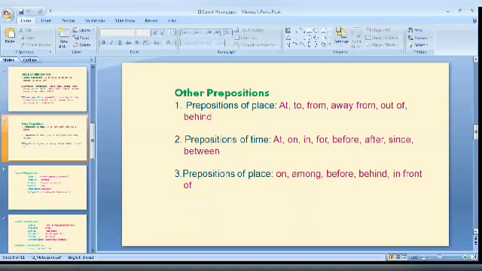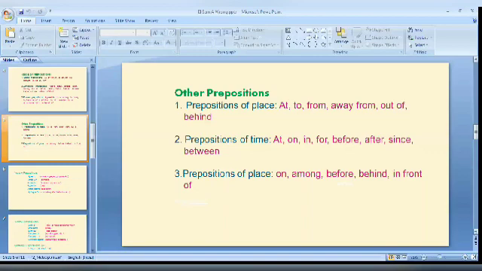So Nampally is a place, and before that we are using the preposition at. And to indicate some place we also use the preposition to. For example, if I ask a person, where are you going? Then he may answer, I am going to hospital. Hospital is a place. So there, before that, he used the preposition to. So to indicates the place.